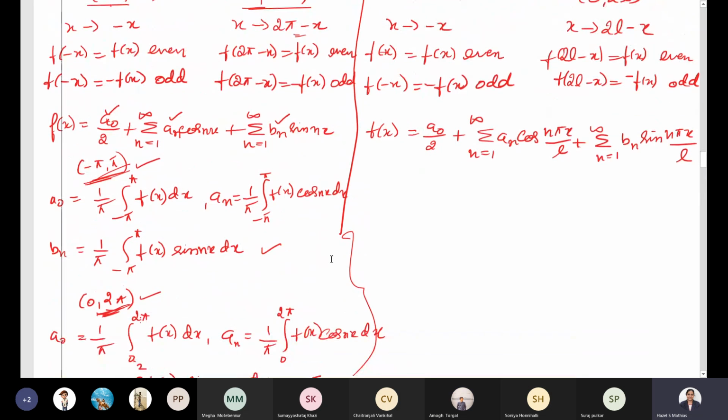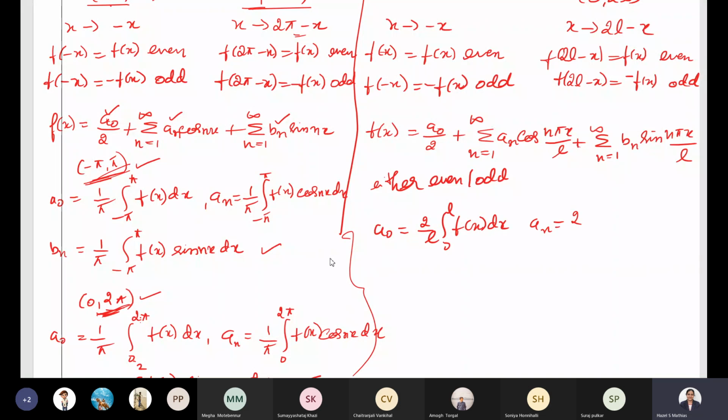Okay. So the same formula you can apply for this also: Fourier series of arbitrary period. Here also you can apply that, suppose the function is either even or odd. What happens in that case? In that case, a naught is given by 2 by L integral 0 to L f of x dx.